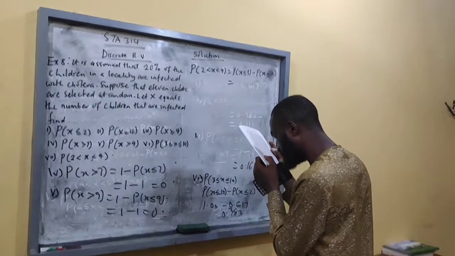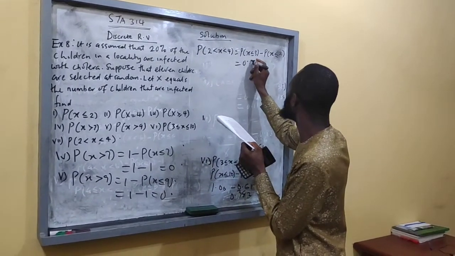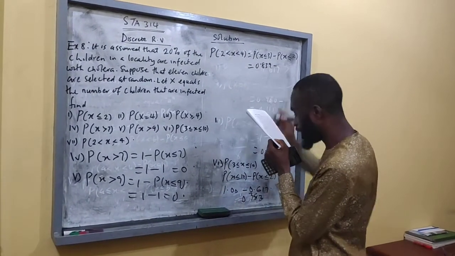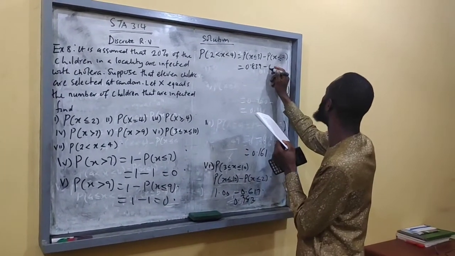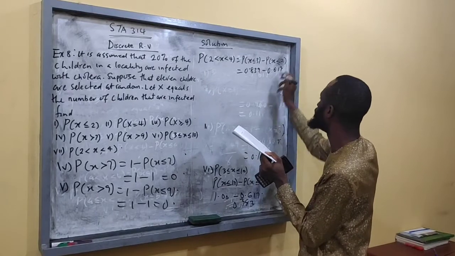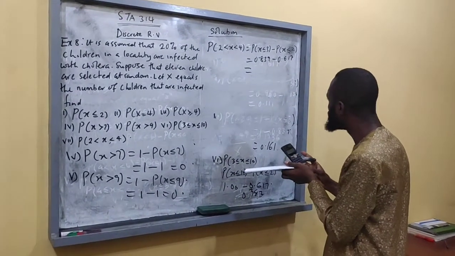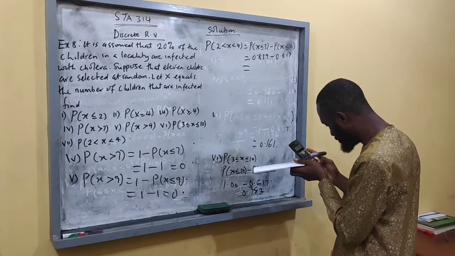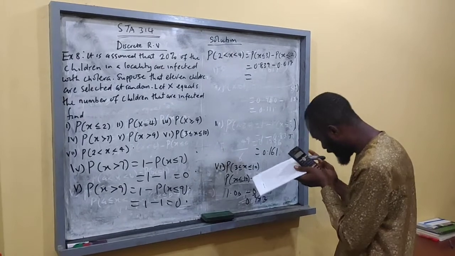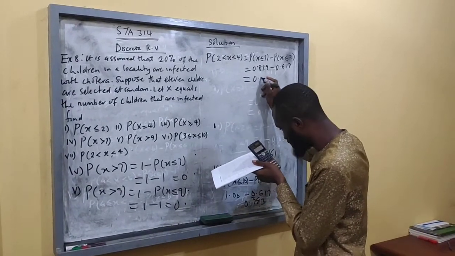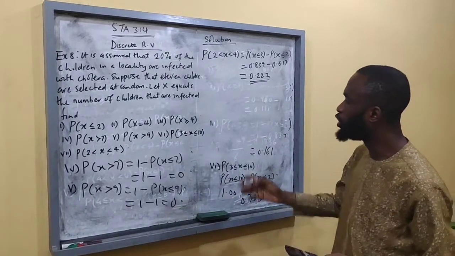Okay, next, probability of x less than or equals to 3 is 0.839 minus probability of x less than or equals to 2, which is 0.617. And at the end of the day, this will give me 0.839 minus 0.617. And this will give me 0.222. And that is the solution to the whole question.